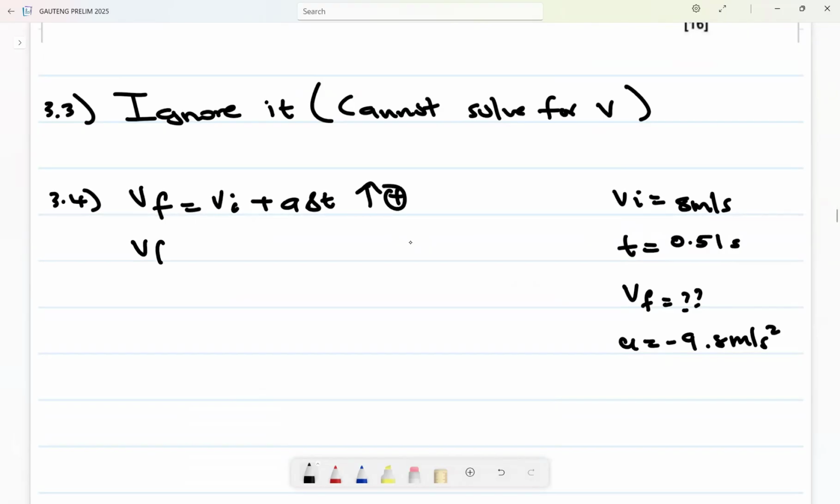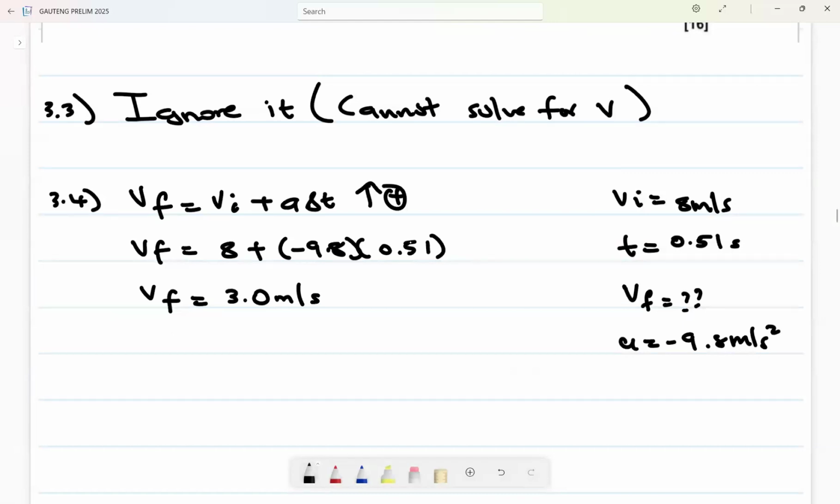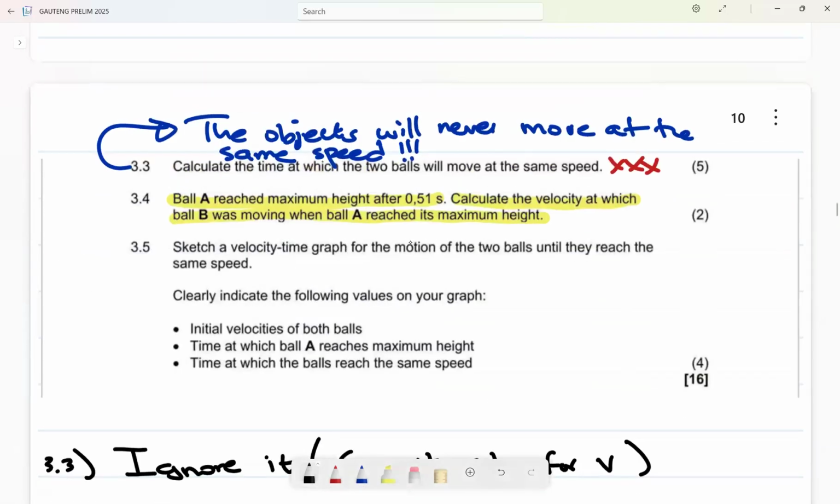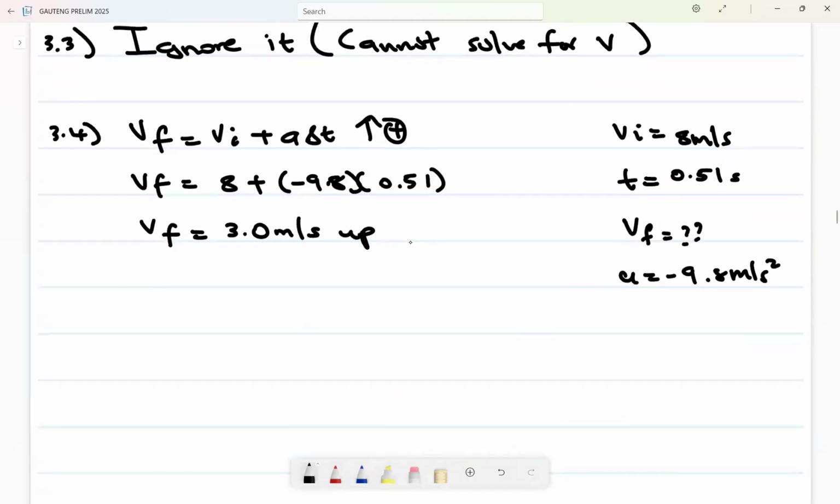V final is 8 plus negative 9.8 times 0.51, and I get V final to be something like 3. It is positive. They said velocity, not the magnitude, so we need the direction. It is positive, so it means it is moving upwards.